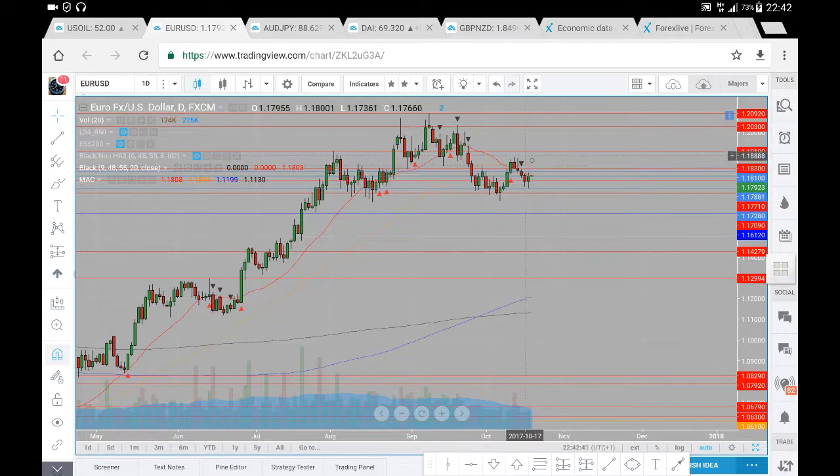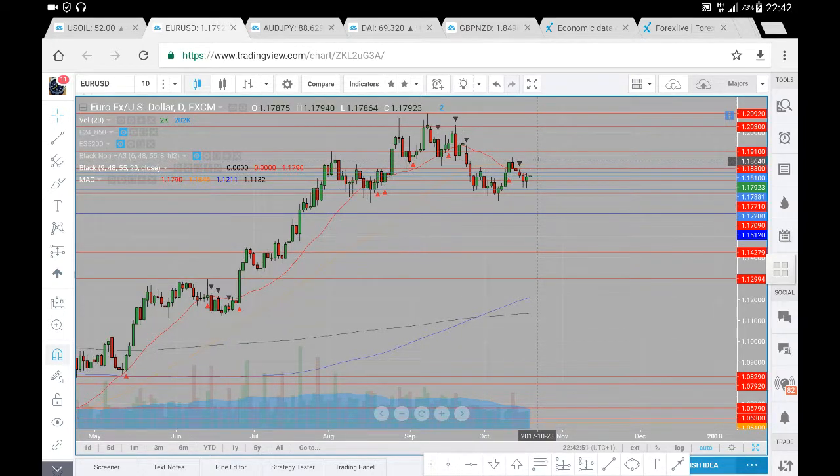So overall, if this is not going to be a lower high, I suppose we could see prices head back up to retest all the way up at 18, up into the 1870s.